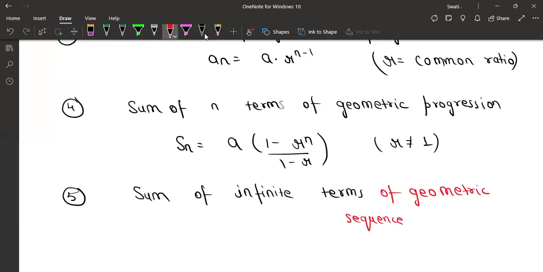I'll use the same symbol, Sn, and that will be a divided by 1 minus r. This is how we can find the sum of the infinite terms of a geometric sequence, where a is again the first term and r is again the common ratio.